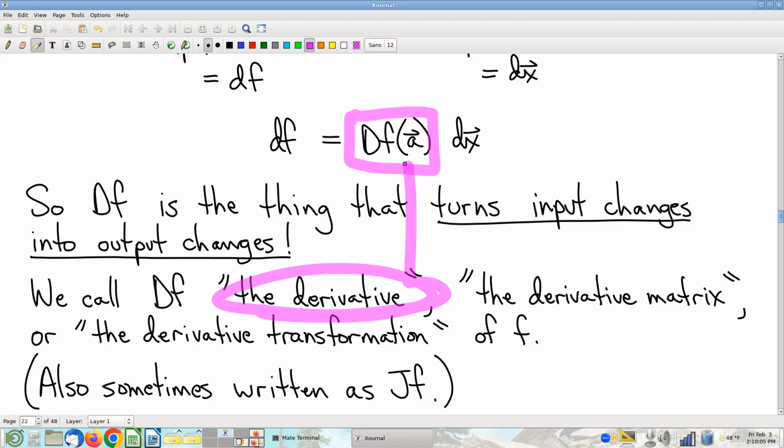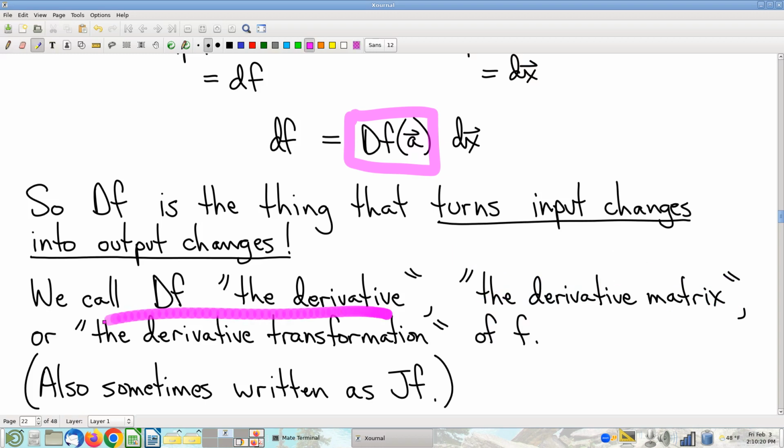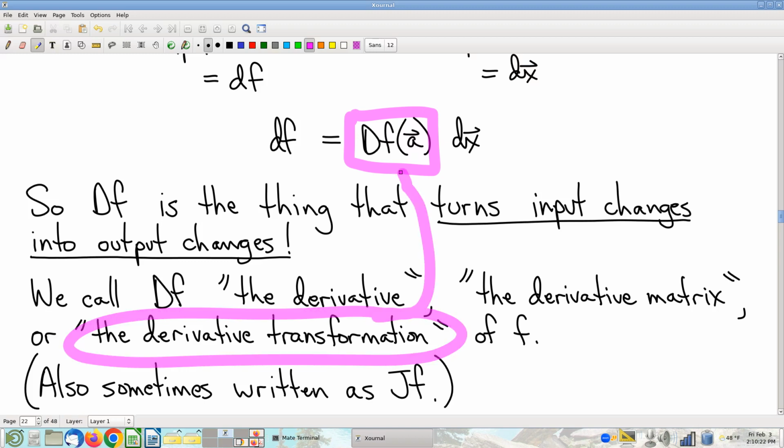This is sometimes explicitly noted in the language. Sometimes we call it, just to make it clear what we're doing, the derivative matrix, to remove possible ambiguity of maybe we're talking about one of these other kinds of derivatives. So derivative matrix is a pretty common term. Of course, matrices are linear transformations, and sometimes people like to say the derivative transformation. That's just another way to think about what a matrix is as a linear transformation. Okay.